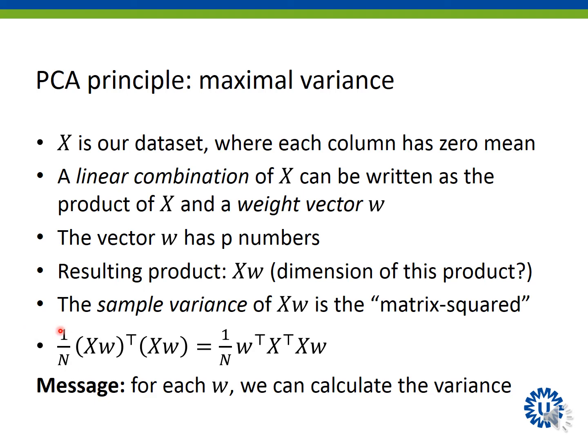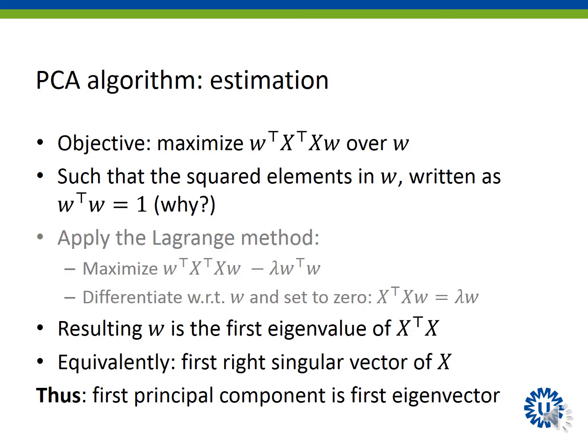So the resulting sample variance is 1 over n, or 1 over n minus 1, times Xw, with a transpose, times Xw. And you can write it down as 1 over n, or n minus 1, times w transpose X transpose X w. So the message here is that for each w, for each combination, for each direction, we can calculate the variance of that direction. And subsequently, we can look at the w that maximizes this variance. That's where PCA comes in.